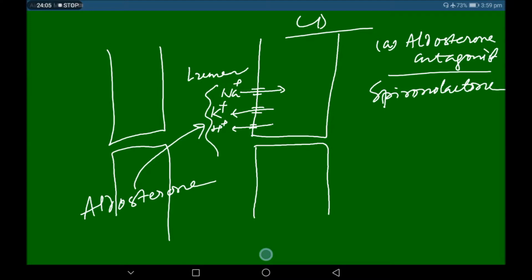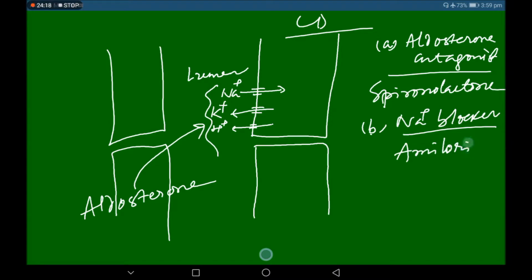And the second group is the sodium channel blockers, like amiloride and triamterone. These two groups of drugs act on the collecting duct.